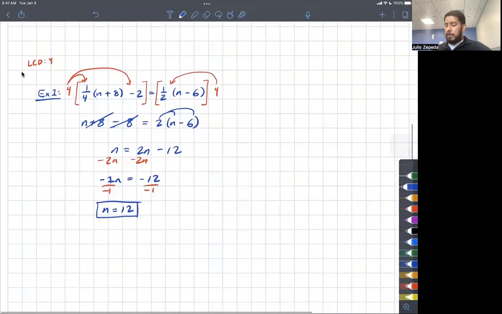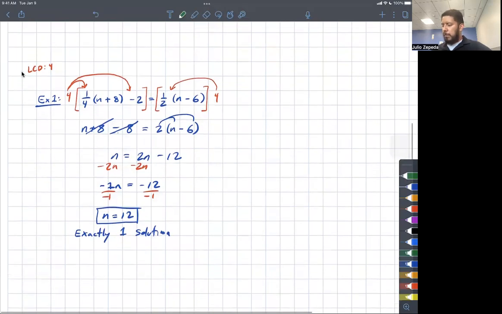Okay, so in this case here, there is exactly one solution. We got our variable equal to a single value. So that's just our only solution.